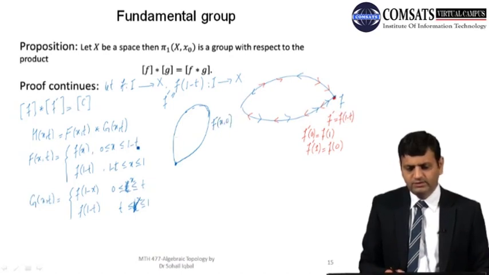For any intermediate value of t, for example when t is equal to 0.5, from 0 to 0.5 I am getting f of x, but from 0.5 to 1 I am just getting this one value.